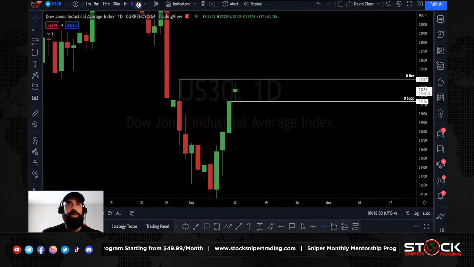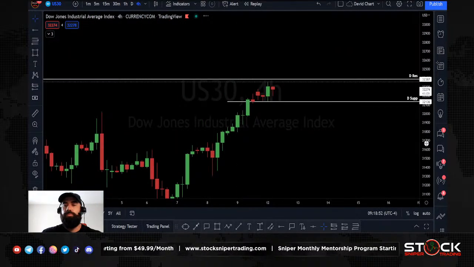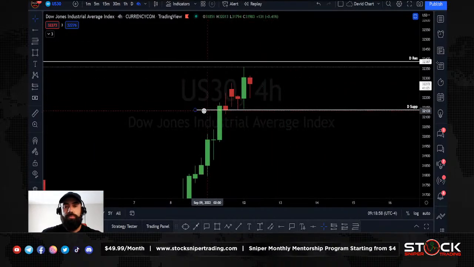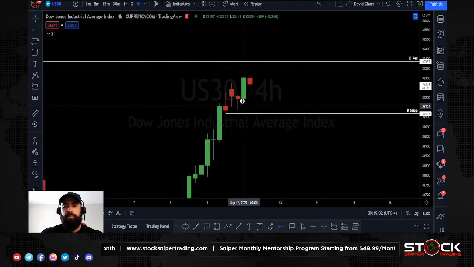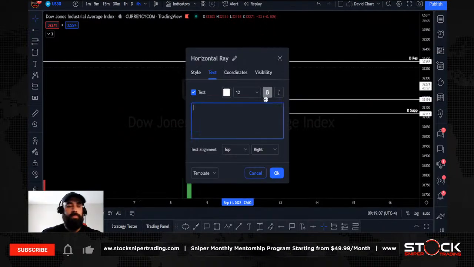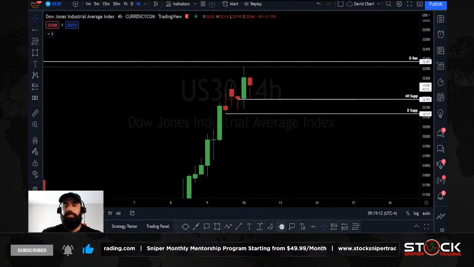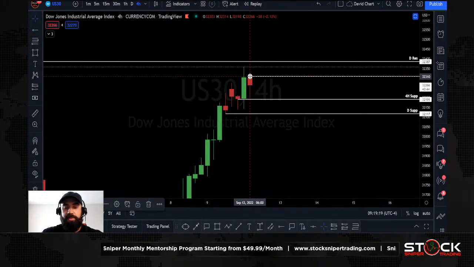Okay, and we're going to look at the 4-hour now. Nice 4-hour body support here. And then we have our 4-hour resistance just right above here, guys.